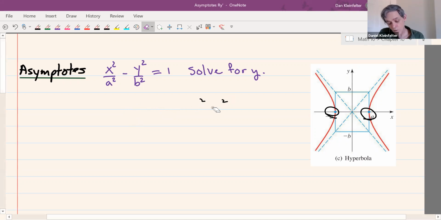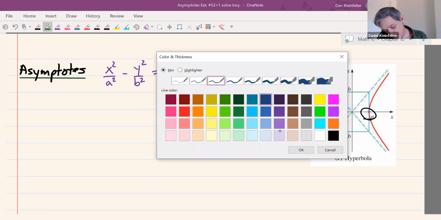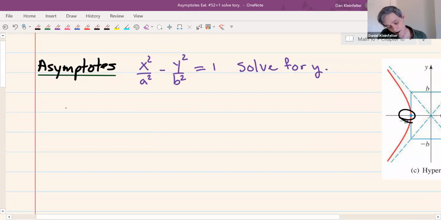All right, so we want to take this equation for the hyperbola and solve it for y. Where we'll start is we're going to multiply both sides by a squared b squared. This will take a few steps to do, but they're going to be good.